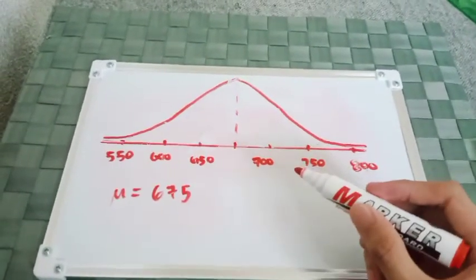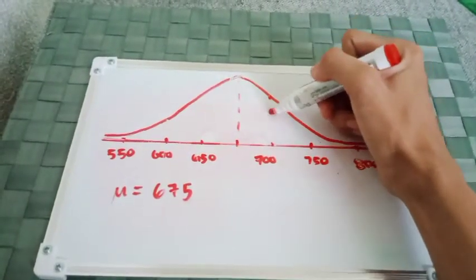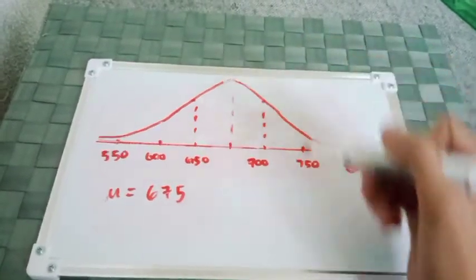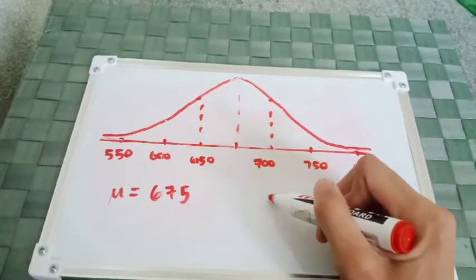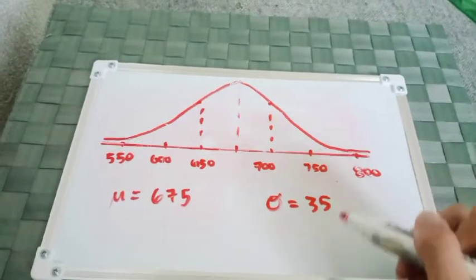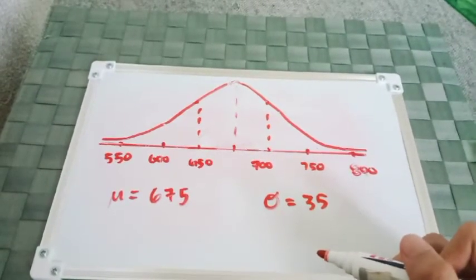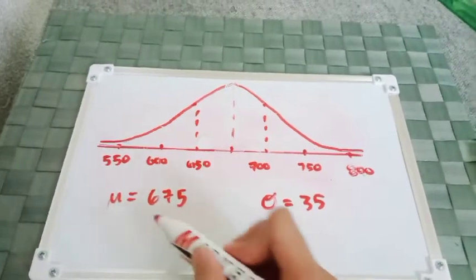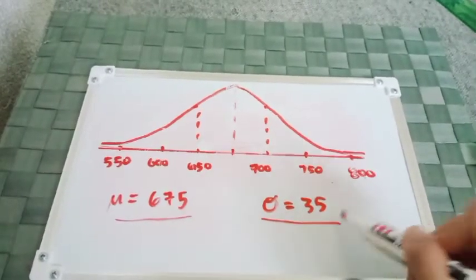Because the inflection points are one standard deviation from the mean, you can estimate that the standard deviation is equal to 35. The scaled test scores of the Philippine grade 6 mathematics tests are normally distributed with a mean of about 675 and a standard deviation of about 35.